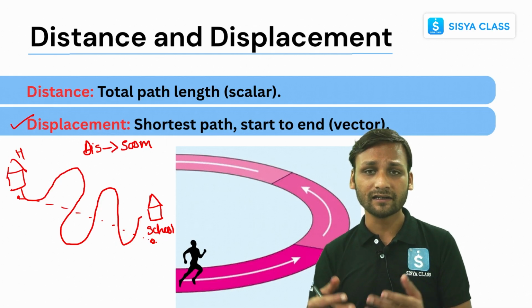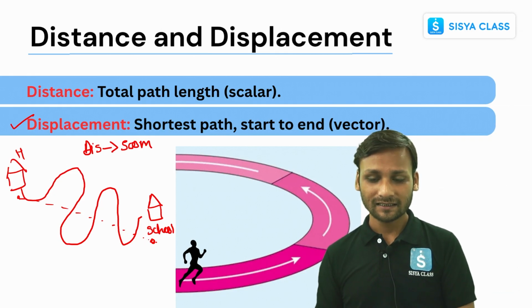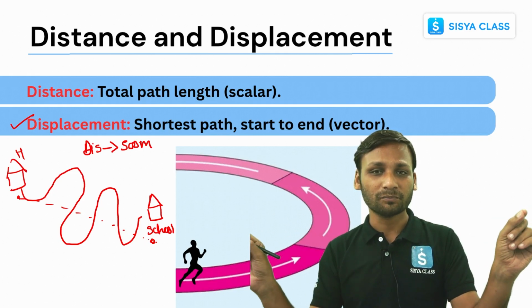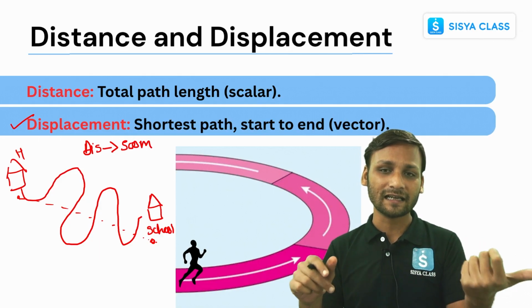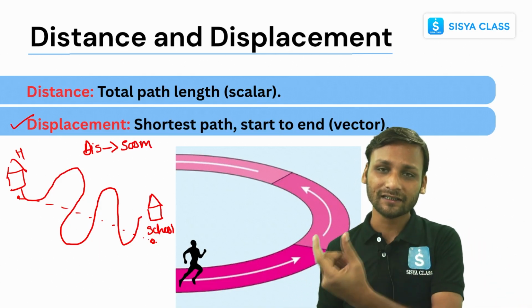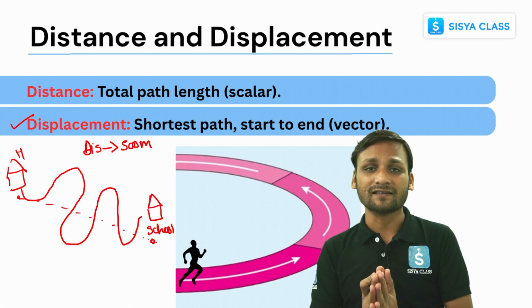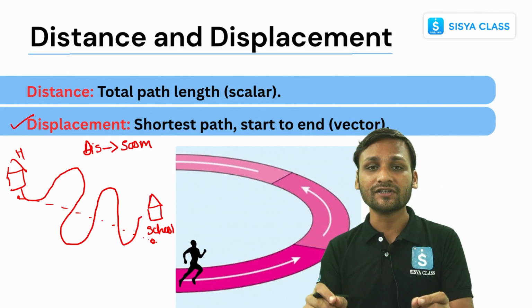It doesn't matter whether there is a road or not. Displacement has nothing to do with the road, right? It is the shortest connecting path. You can say this can be imaginary as well, right? It is the shortest distance between initial and final position. So this is the shortest distance, and it also shows the direction in which I am going.